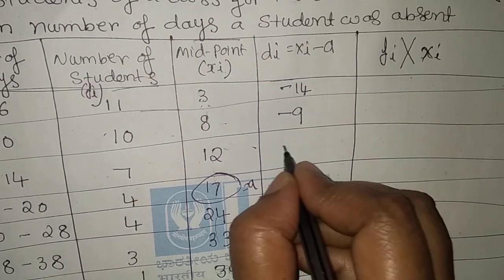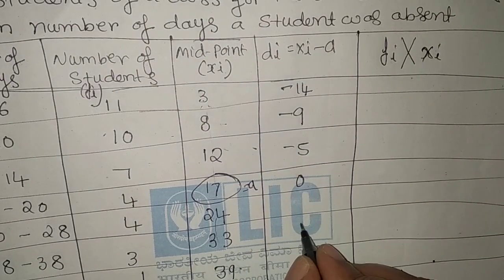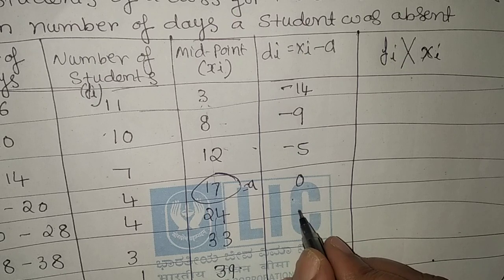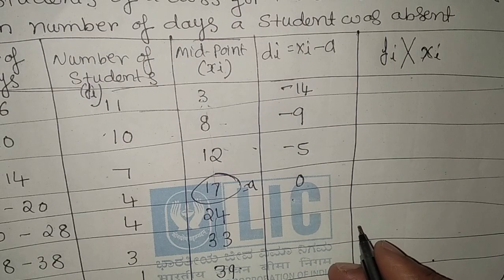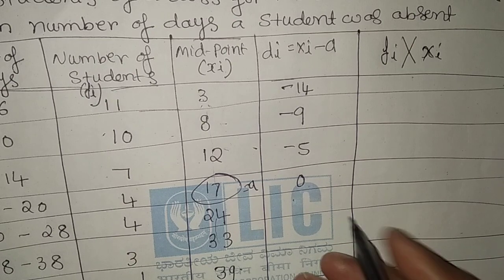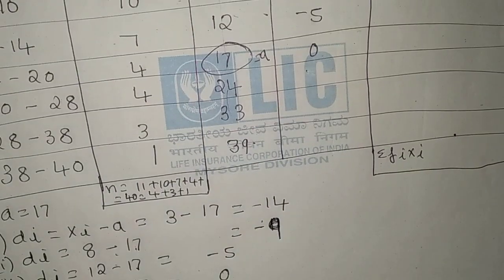Write down minus 5, 0, 7. Again one set of values I have left out, 33.